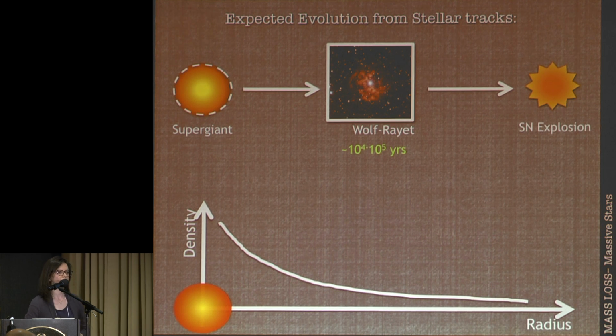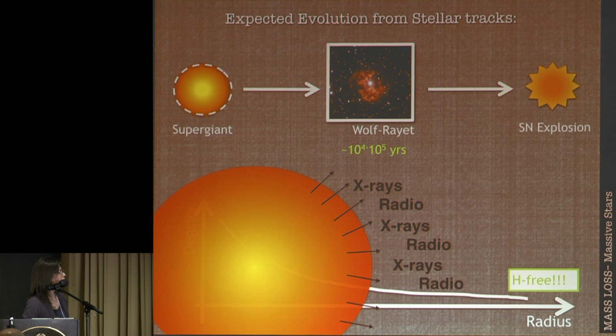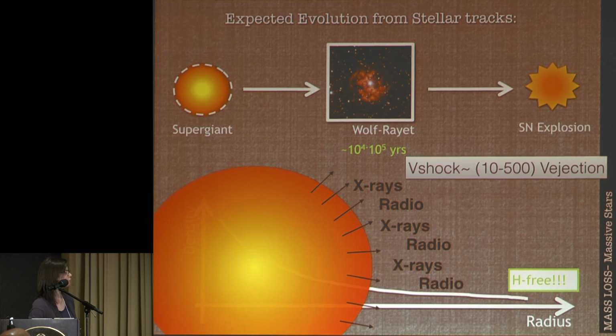You allow your shock to evolve with time, and this shock encounters material in the environment that was left there by your star before exploding. This process accelerates particles, and that ultimately produces X-rays and radio emission.